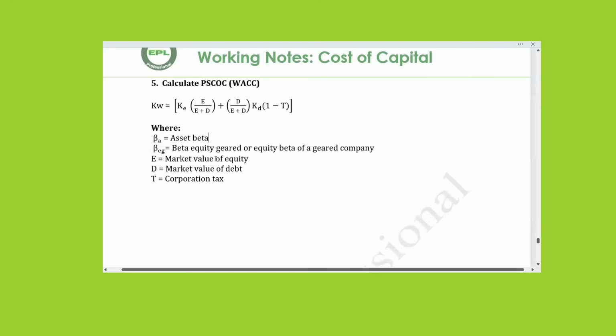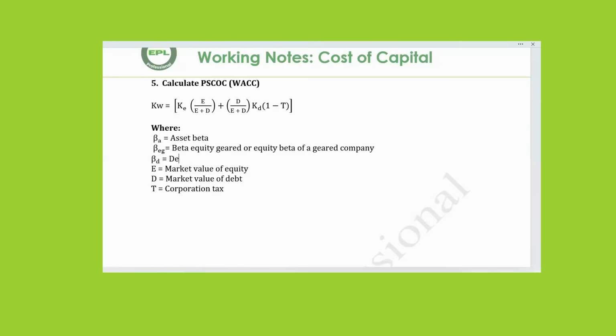Then E is equity value, D is debt value, T is company tax, then BD is debt beta.